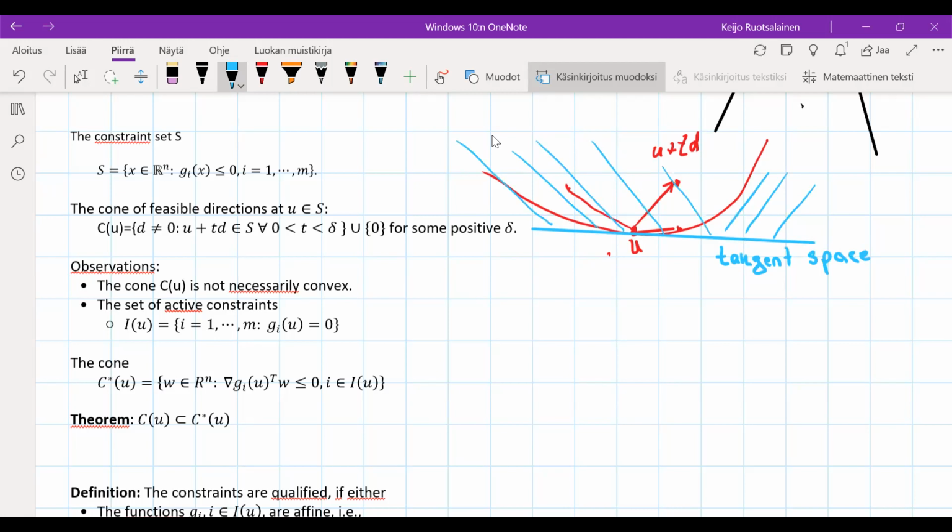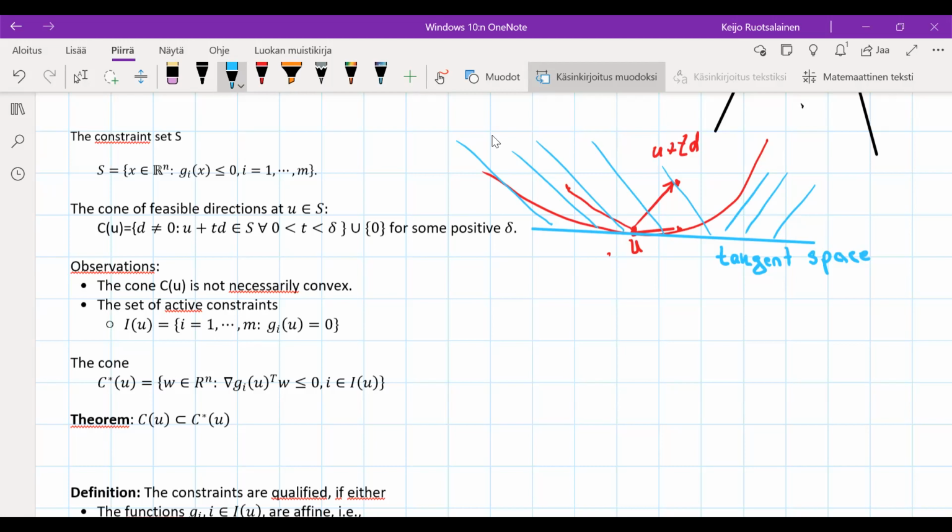So if we have a very well defined tangent at the point, then it's the half space. And half space is, of course, a cone.